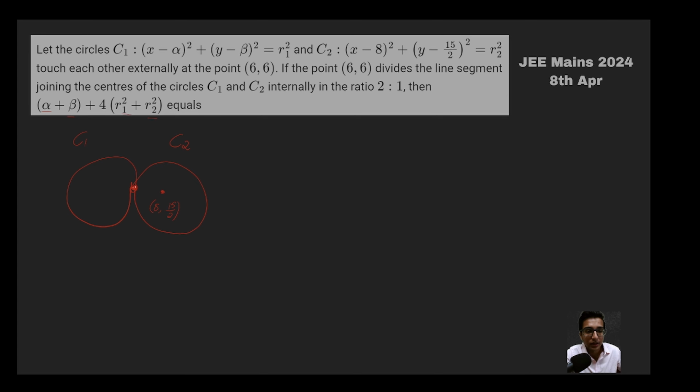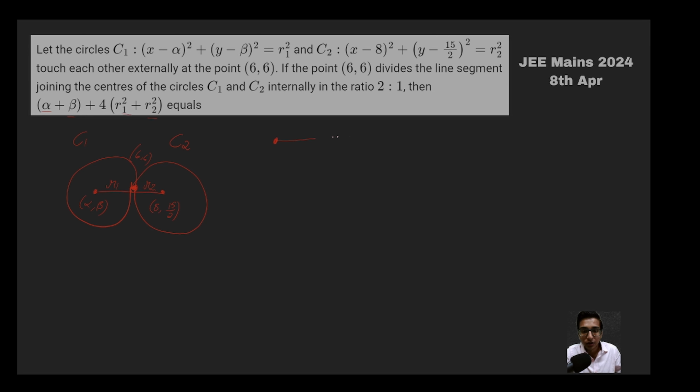So these are my two circles. This point becomes (6, 6), and they've told us that this center here is (alpha, beta). This of course would be my R1, and this length here would be my R2. And they've told us that this point divides this line segment in the ratio 2:1.